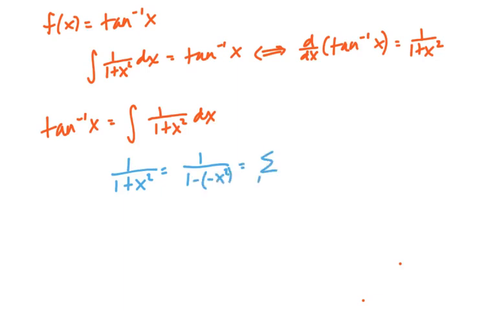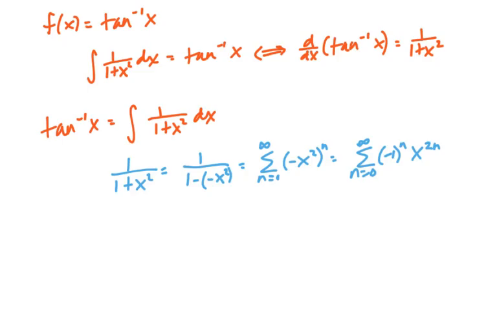So this is the series from n equals 0 to infinity of the quantity negative x squared to the nth power. So this is the series from n equals 0 to infinity of negative 1 to the n and then x to the 2n. So that's our power series that we want to look at.